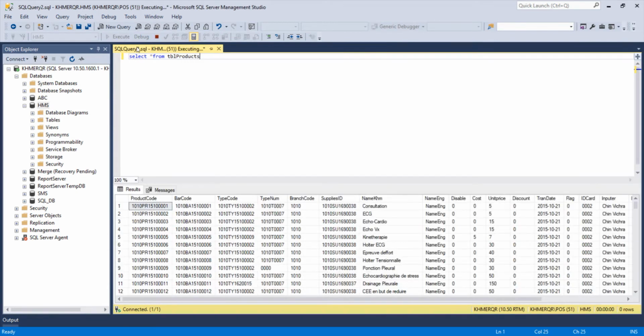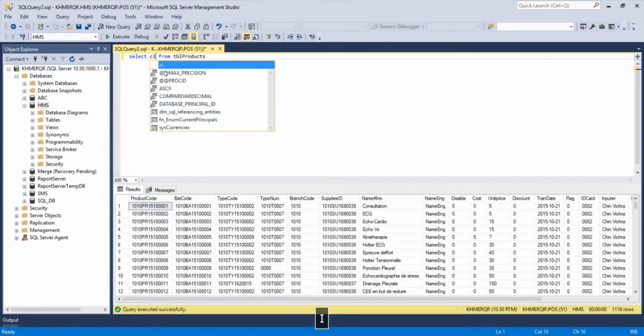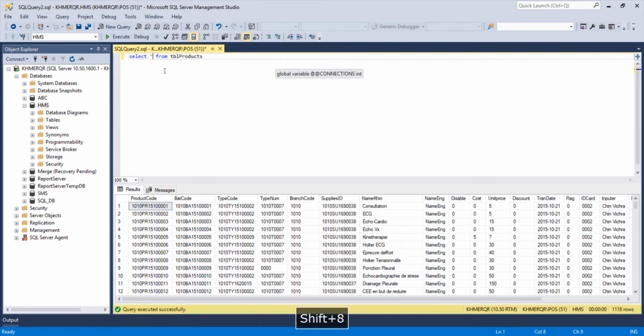Count. Normally when we select star, it means that we get all the values of the table. We get 1180. So if we want to count how many rows, we use count star.